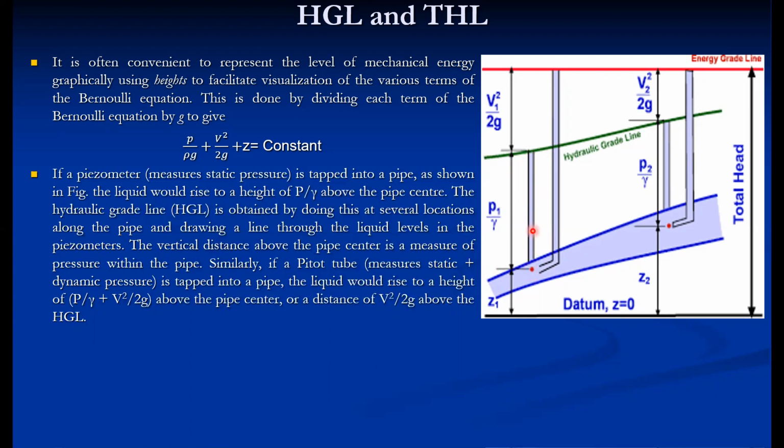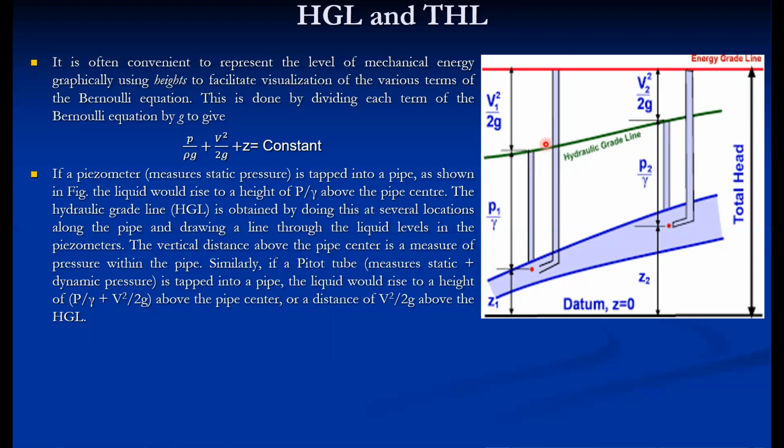We already discussed in the pressure measurement lecture that a piezometer is used for measuring pressure head. Suppose for one section it is given by p over gamma, as shown in the figure. The liquid would rise to a height of this. Whatever the pressure is, the liquid rises into the tube up to that particular height above the center of the pipe.